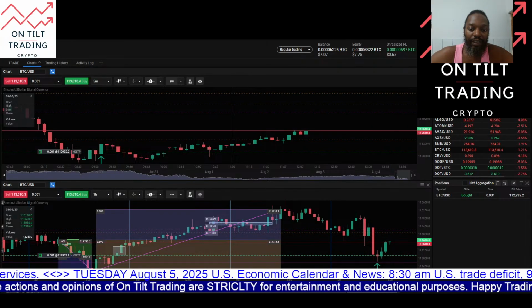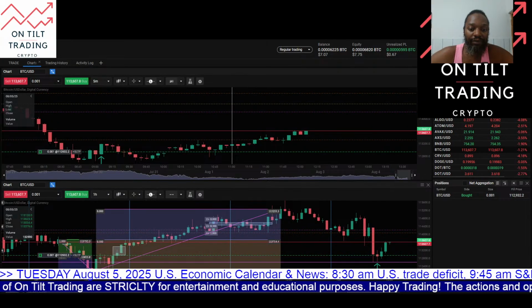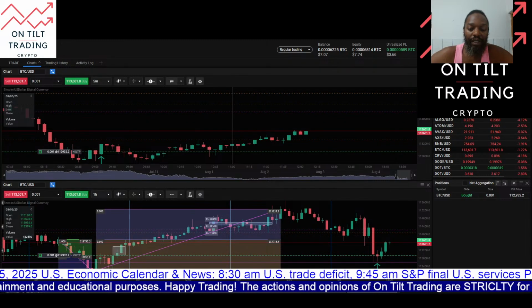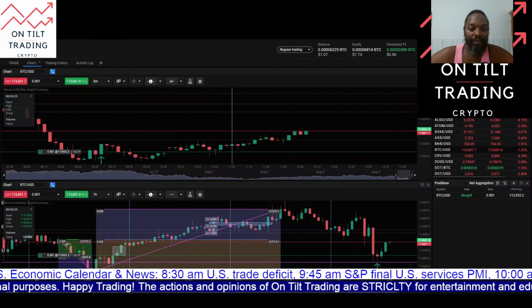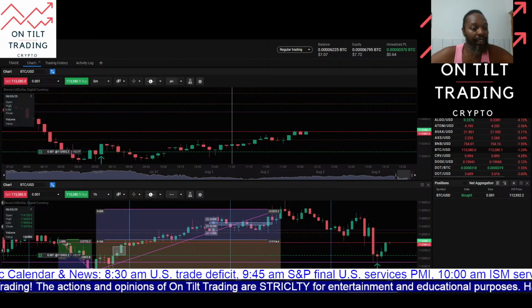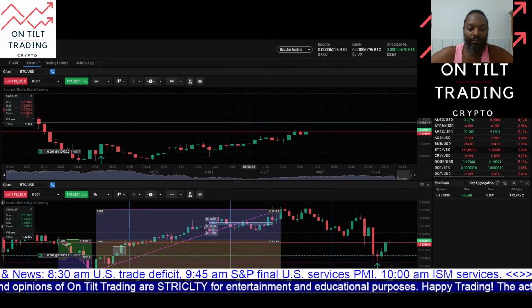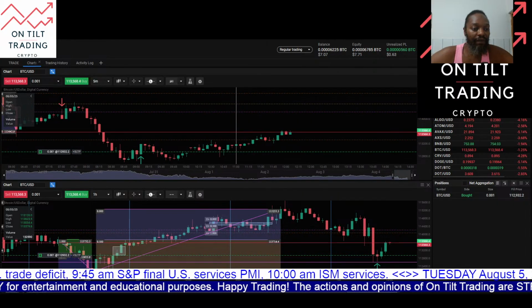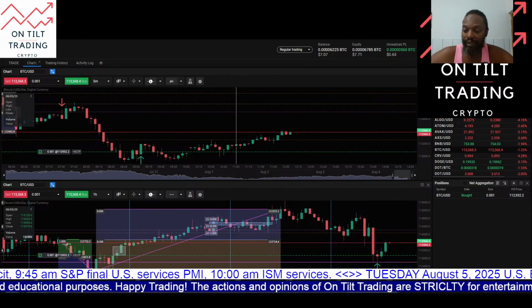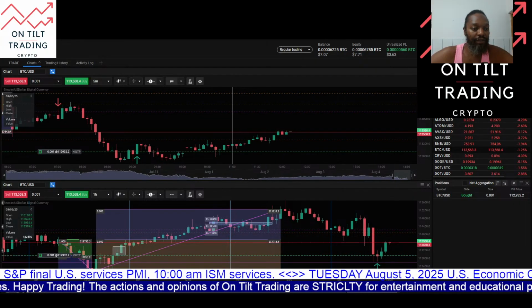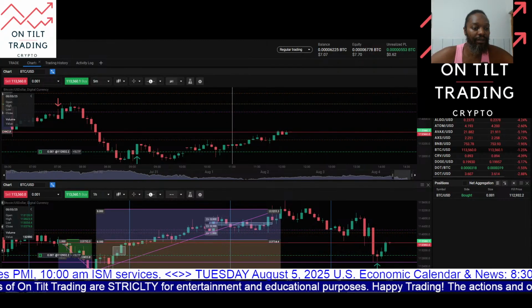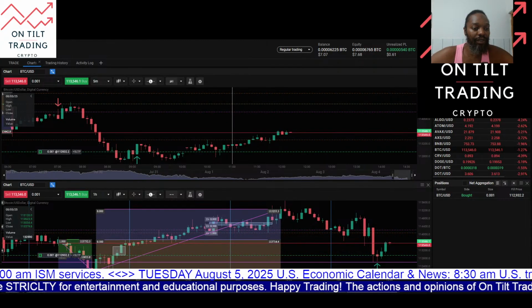And even though price was delivered into this fair value gap, there's a fair value gap right here, I could have taken a position and targeted any of this fair value gap area here, or this liquidity void area, but there are fair value gaps in here, at least these two here.